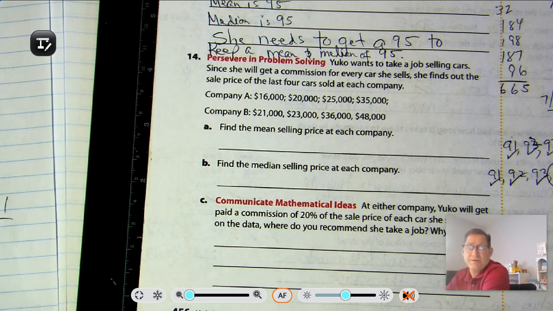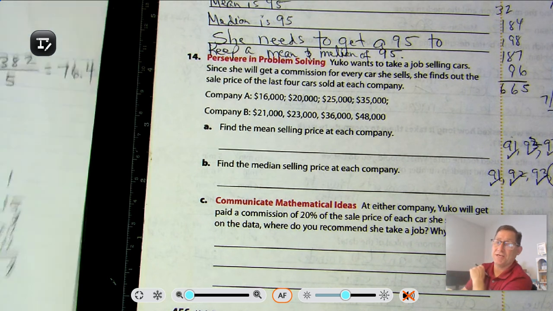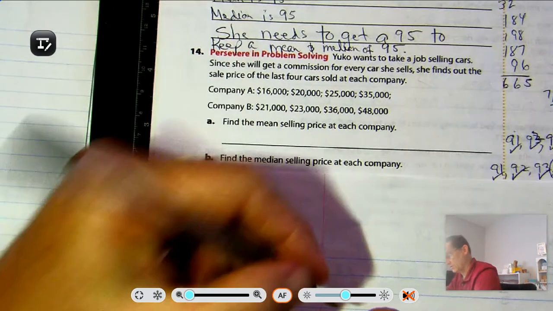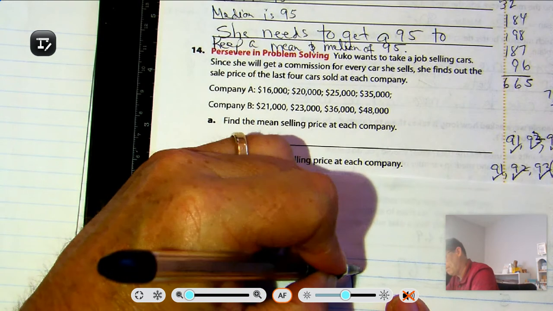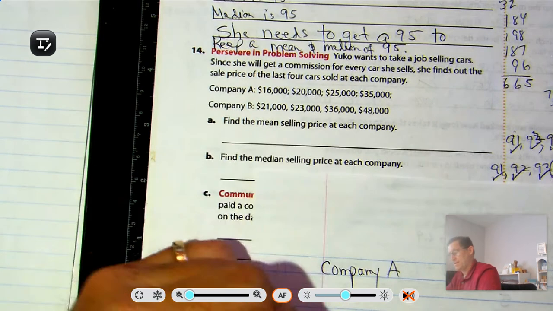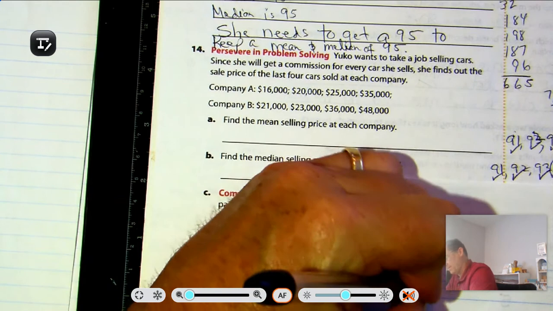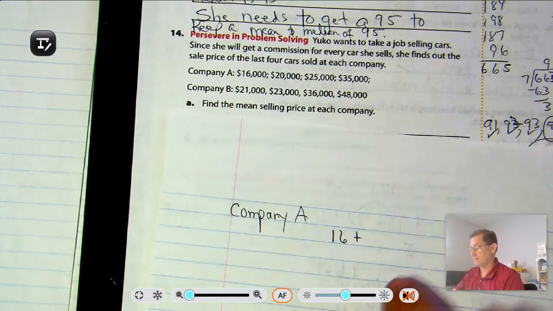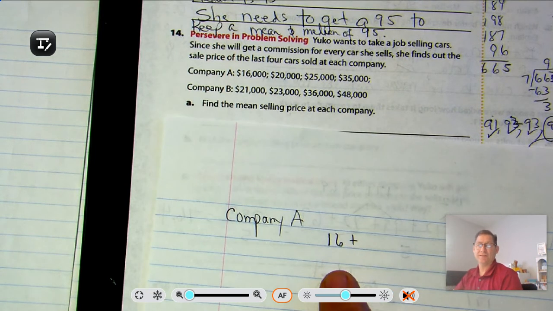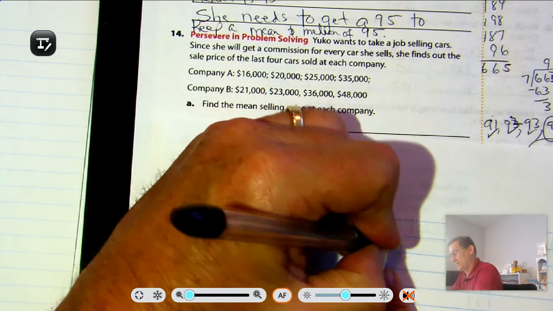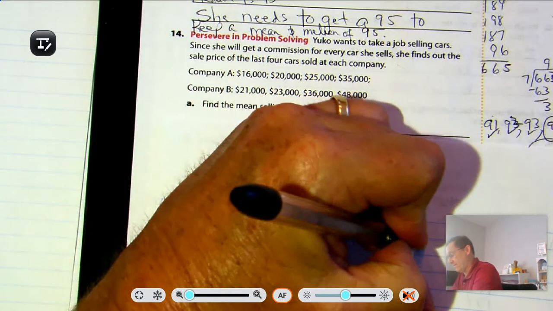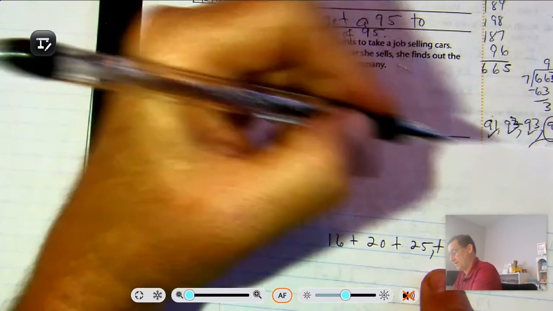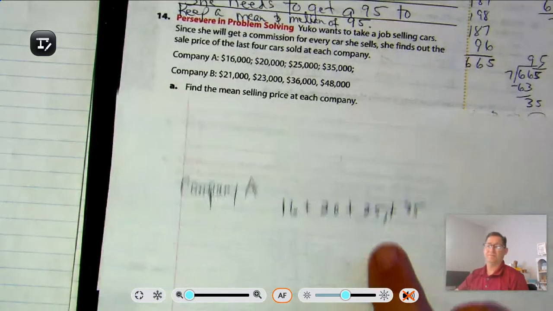Okay, so we have company A, company B, and we need to find the mean selling price at each company. So let's go company A. I'm just going to add, think of this as 16,000, 20,000, 25,000, and 35,000.